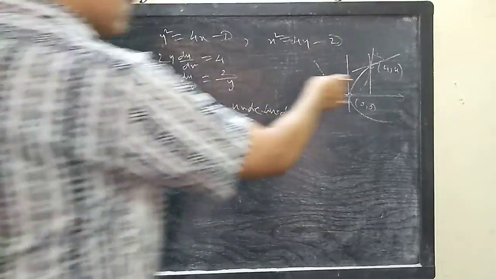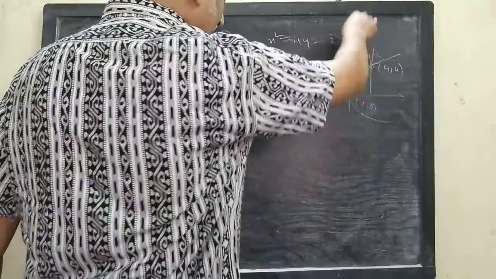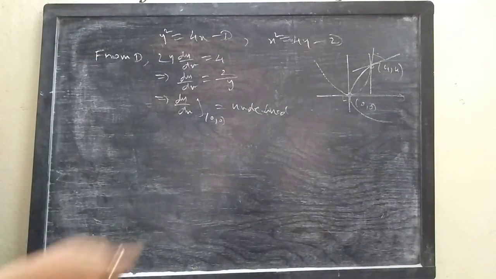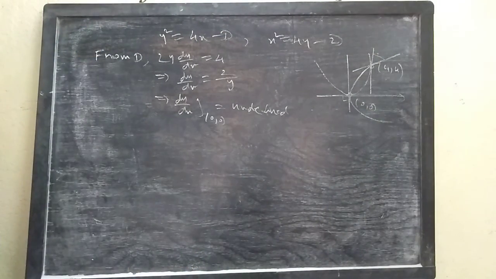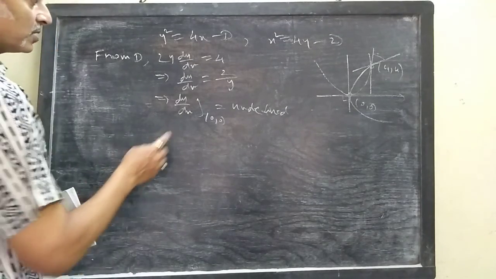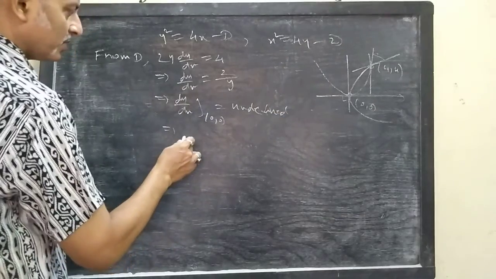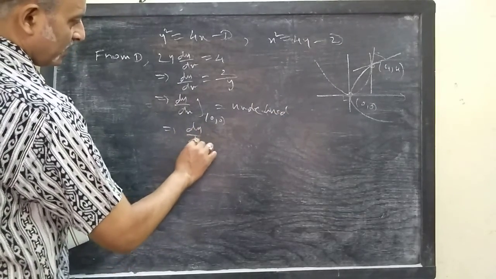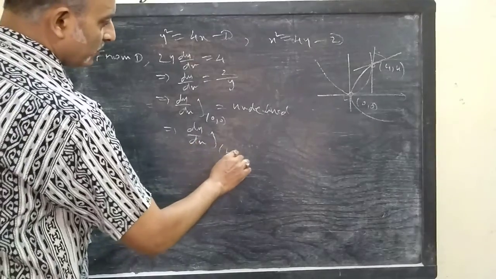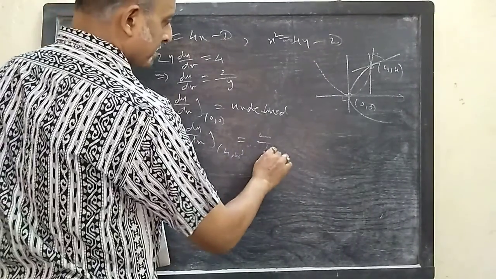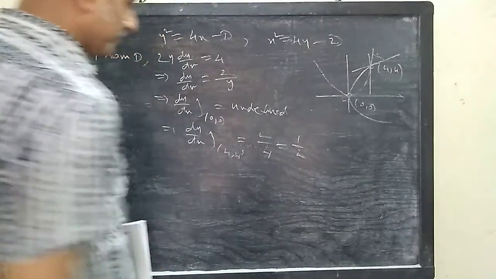Look, y square equals 4x is this curve, and the tangent is the y-axis. So obviously its slope will be undefined, which we find here. Next, in the other point of intersection also, find dy dx at 4, 4. This will be 2 by 4, that is half.